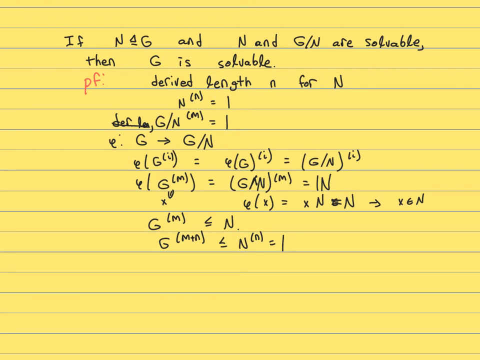So we see that the m plus nth derived subgroup of G is actually trivial. Well, it's a subgroup of the trivial group. And so the derived length of G is at most m plus n.